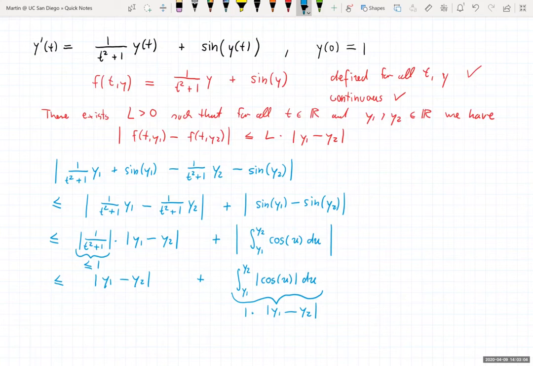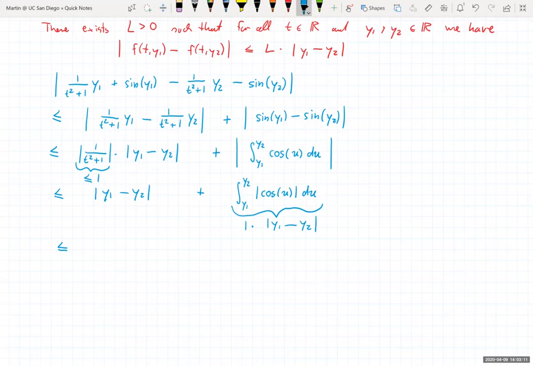The maximum value of the absolute value of the cosine is 1. Putting this all together, I can bound this from above by 2 times the absolute value of y1 minus y2.